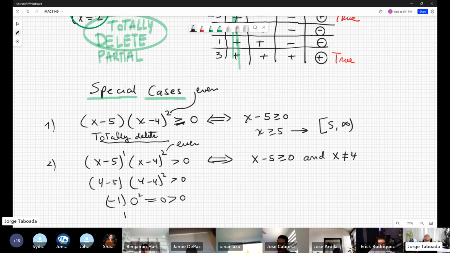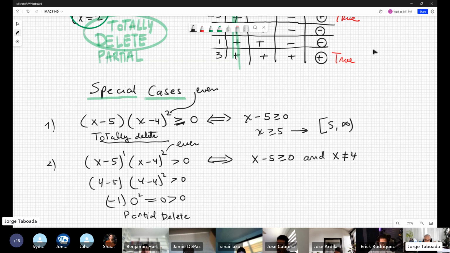When there's no equal, you partially delete, and you consider it one restriction. You put an and; this is like a compound inequality, one inequality and another inequality both holding.